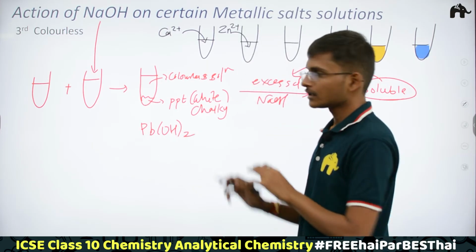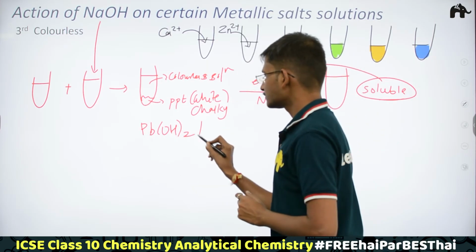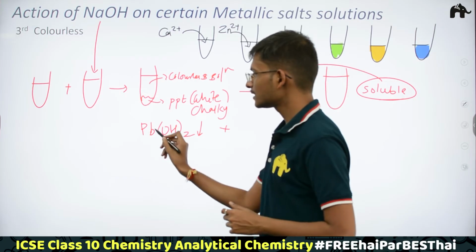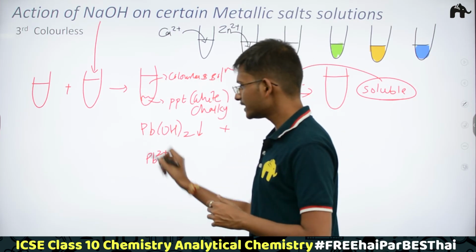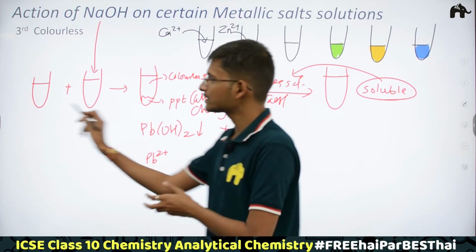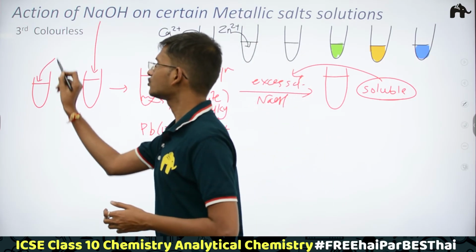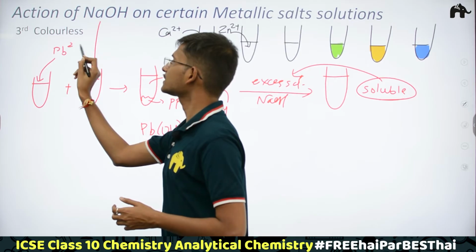So lead is in Pb2+ ion. This means this metallic salt solution has Pb2+ ion.